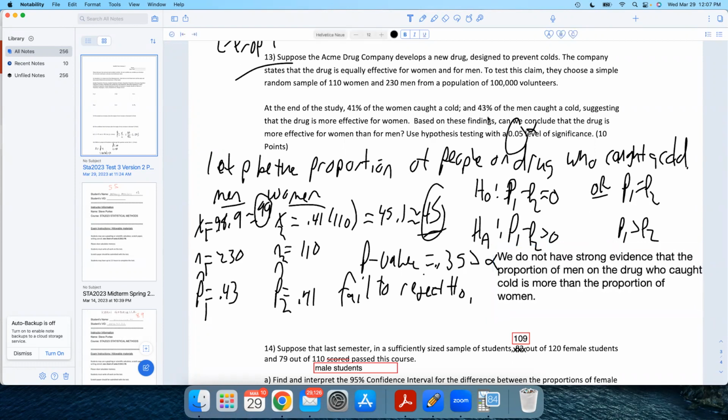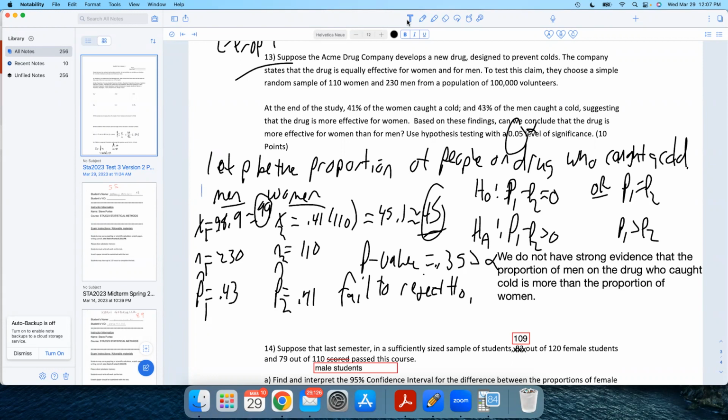Okay, now there's this follow-up question. You always got to look for these. Who's the drug more effective for? Well, in this case, we couldn't say. We don't know. The drug's supposed to prevent colds. So if men were catching more colds, we would say, oh, the drug is working better for women. But in this case, we don't have strong evidence that men even caught more colds. So we can't say anything about the effectiveness.